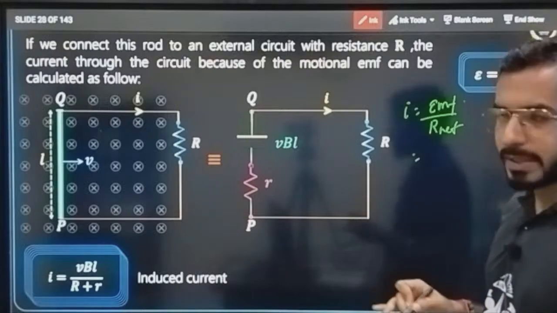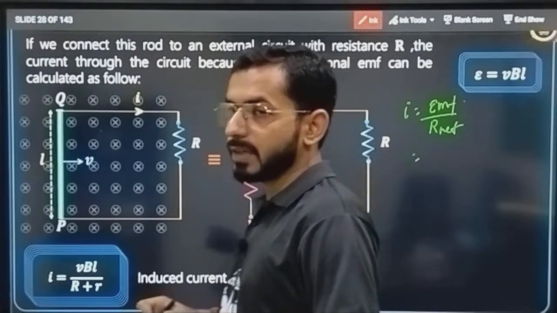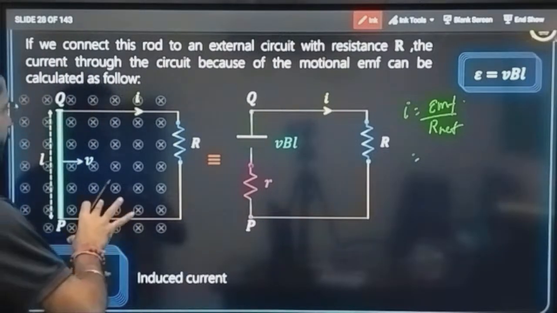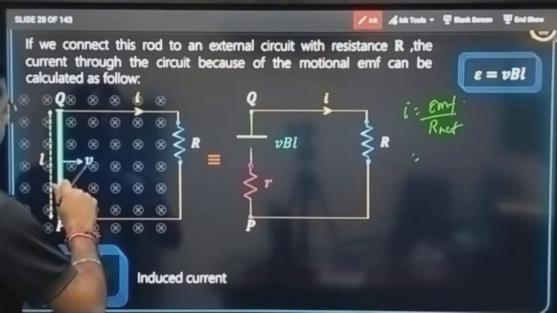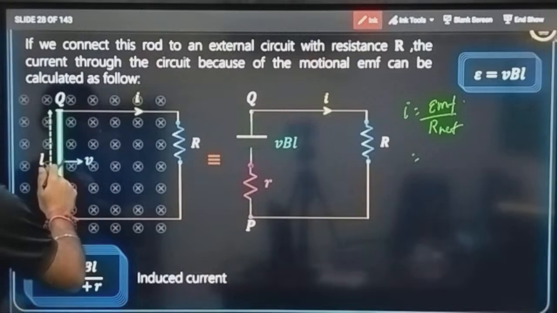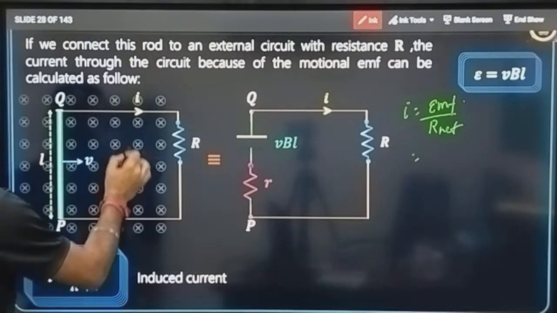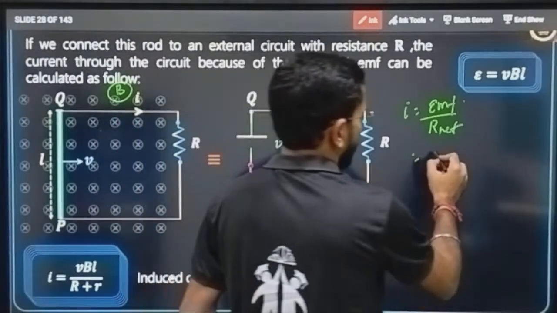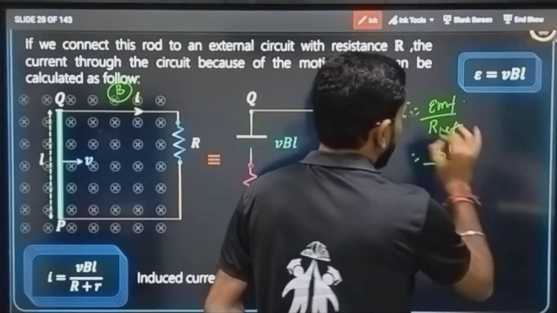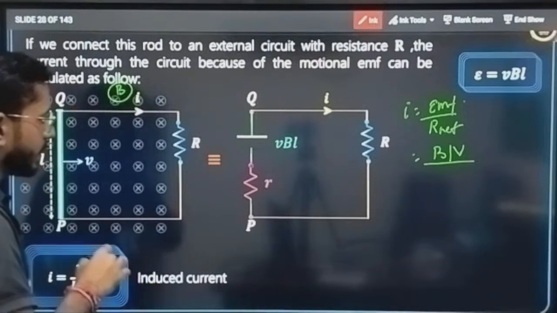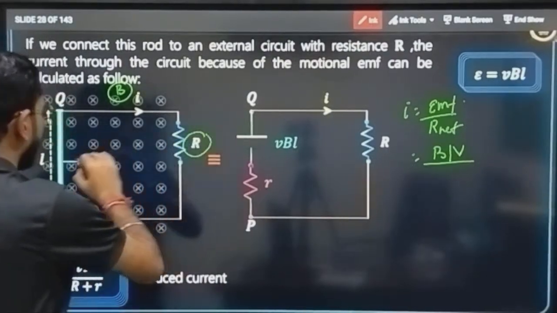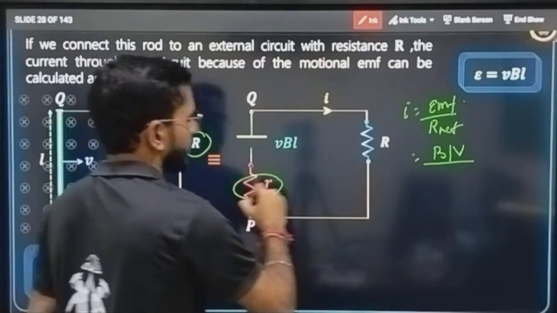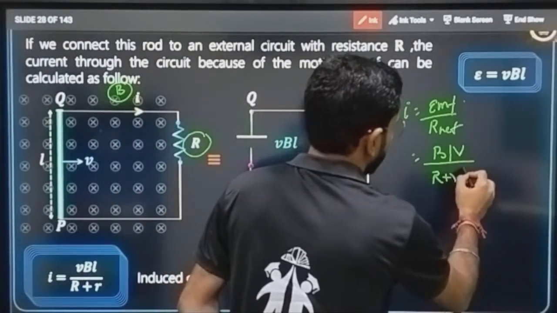The net EMF is VBL, as we understood a little while back. Velocity is V, the magnetic field is uniform B, and the length is L. So I will write BLV divided by the net resistance. I will call the external resistance capital R, and since the EMF comes with internal resistance, it will be R plus r.